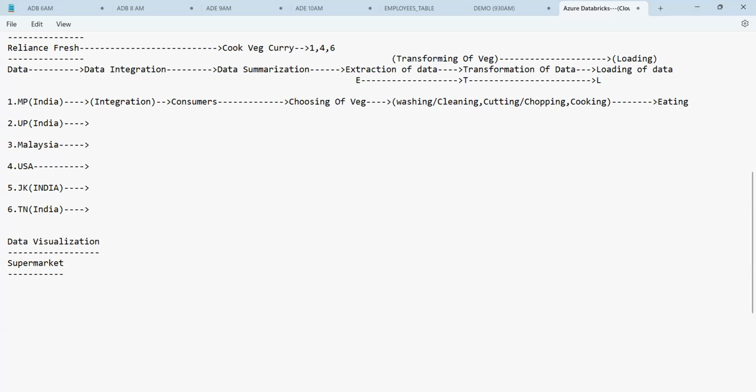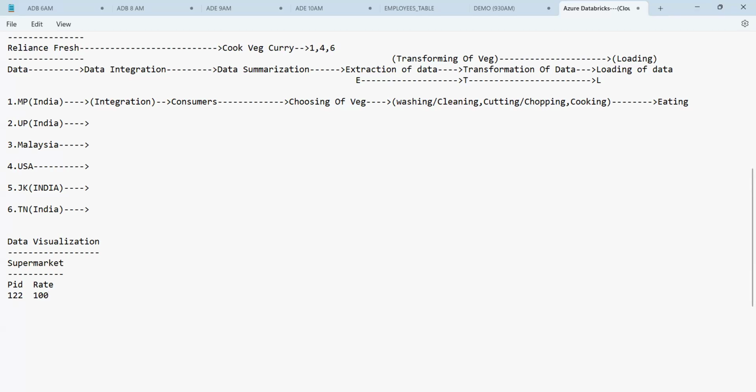Let us say the product information, such as product ID and product rate. This is available in the form of a table. Product ID is something like this.